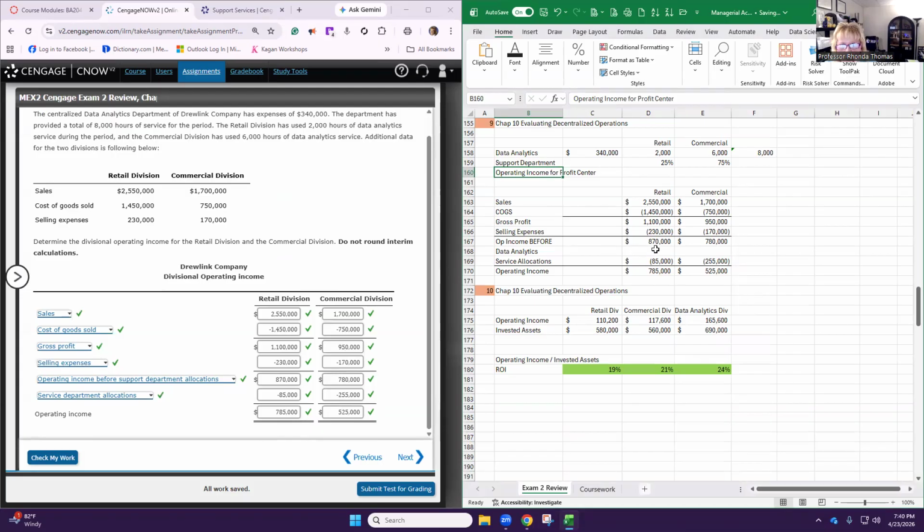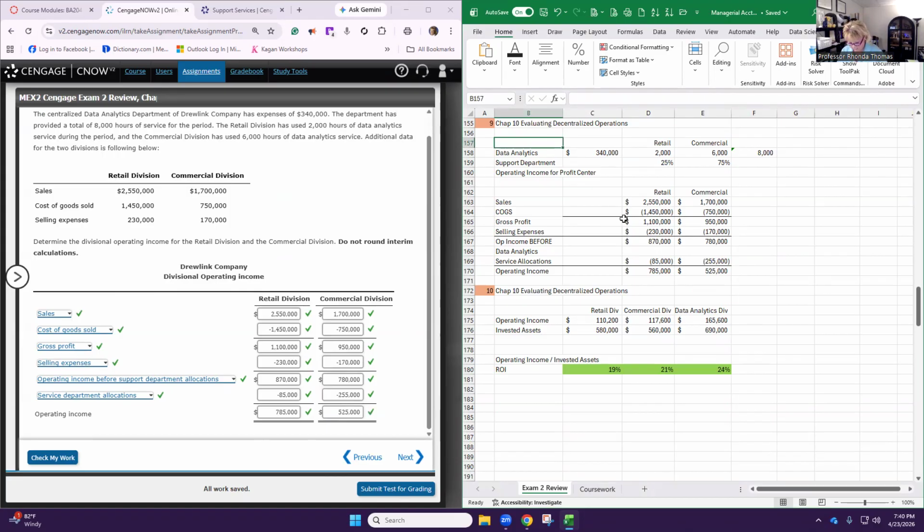So the way we divided up this $340,000 is we took 25% of it for retail and 75% of it for commercial, and we put that in as a negative. So we would then get operating income. That's what they want you to do in this one, and you just have to understand this is all about the allocation.